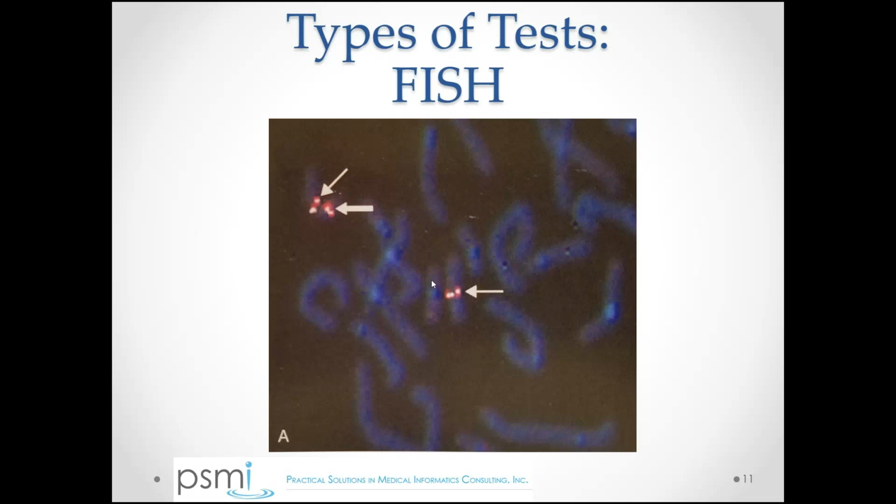There's a partial deletion of 17p, and this patient clinically had a syndrome, Smith-Magenis syndrome. And so here you can see that we only have a single probe for 17p.